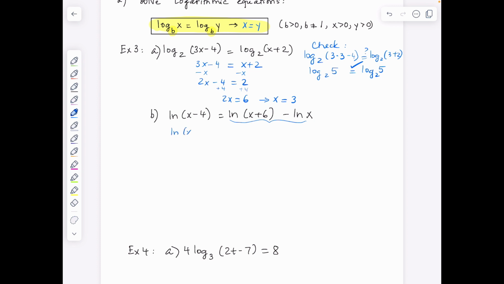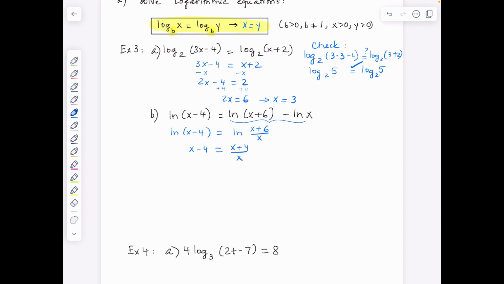So ln of x plus 6, minus ln of x. Here I see a minus sign, so that means we should be able to use the quotient rule. So that's ln of x plus 6 over x. Now that the two logs have the same base e, we can set the input to equal each other.